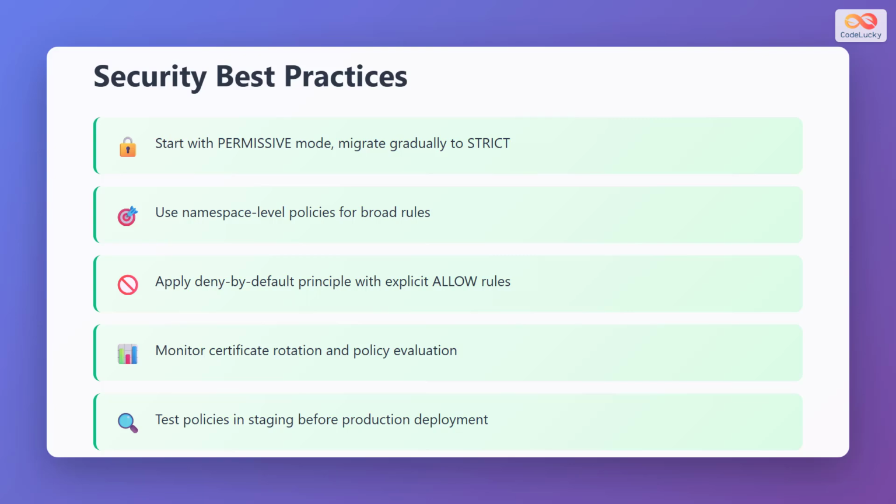Fourth, continuously monitor certificate rotation and policy evaluation to detect issues early. And finally, always test policies in staging environments before deploying to production to prevent accidental service disruptions. Following these practices will help you build a secure and reliable service mesh.